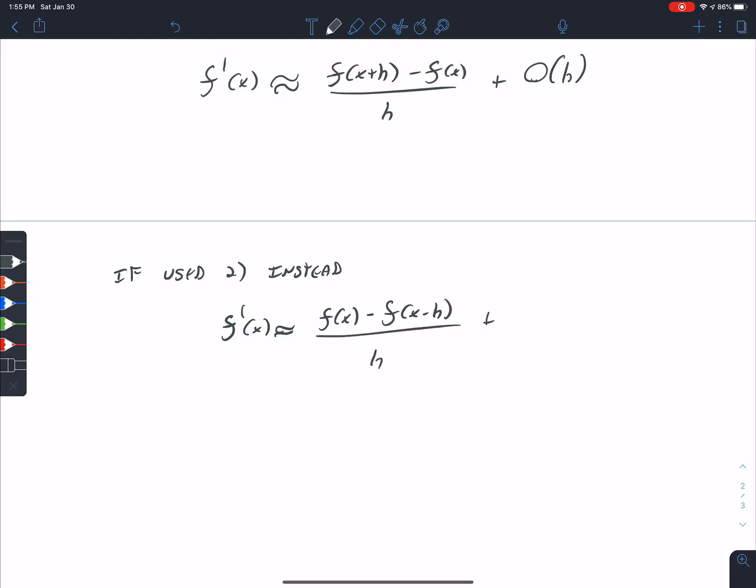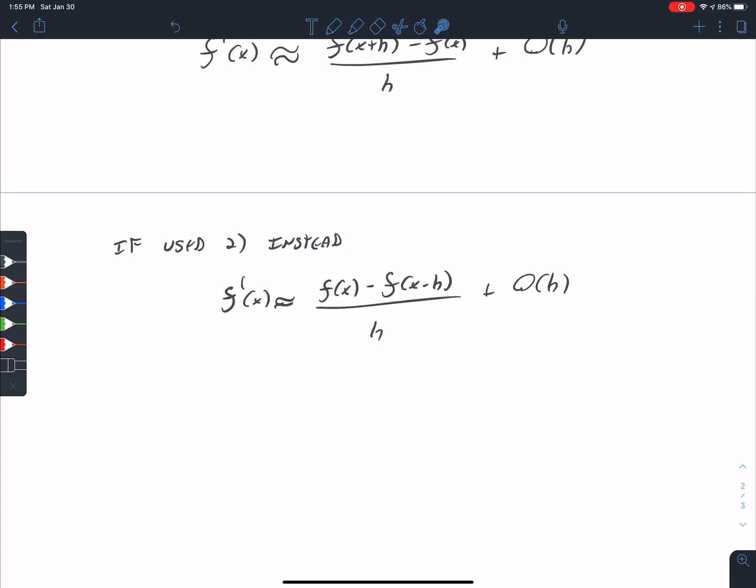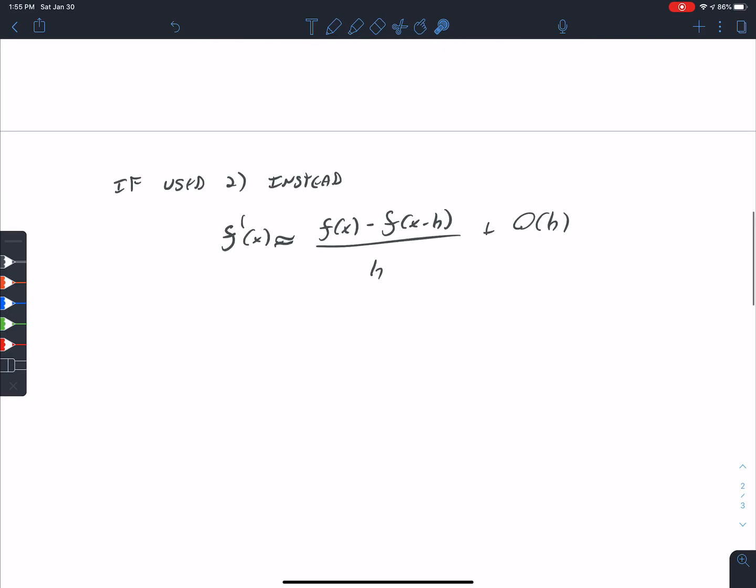And again, the largest term of the remaining will be h. So if we only used this term to approximate, the size of the error will be, roughly speaking, order h. So this is the forward finite difference formula. This is the backward finite difference formula. The first level formulas, which both have errors of, roughly speaking, the size of h. Meaning, if I reduce the step size, my error will be reduced, roughly speaking, by the same reduction.